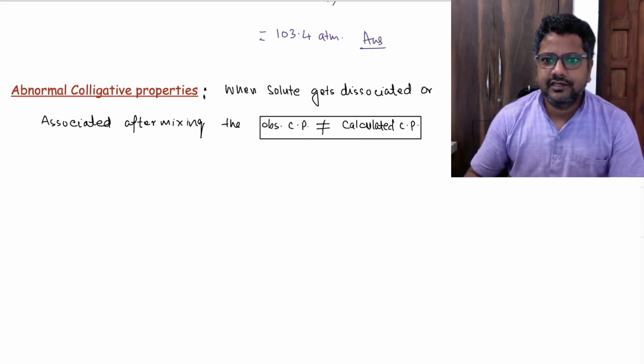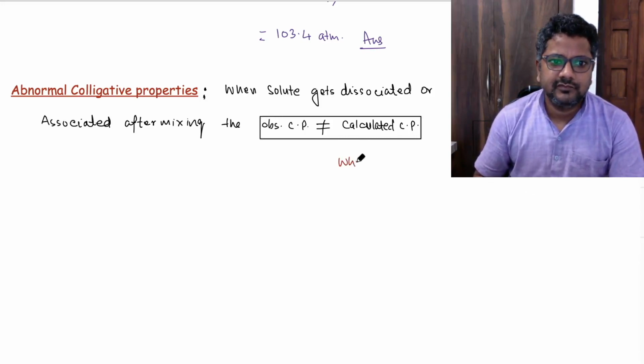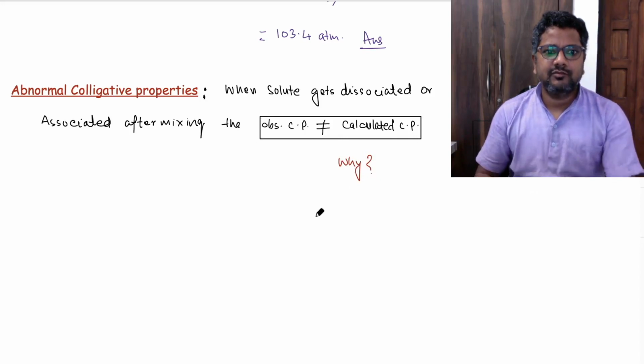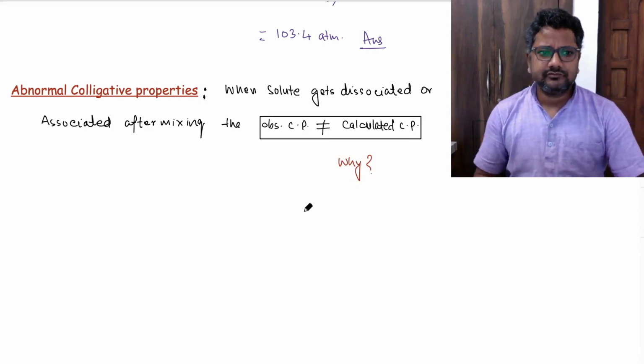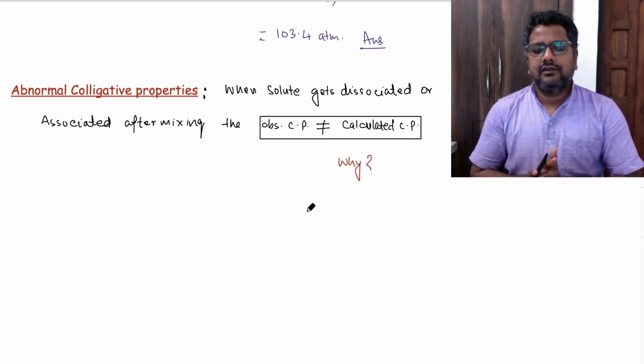The question arises, why is the observed colligative property not equal to the calculated colligative property?